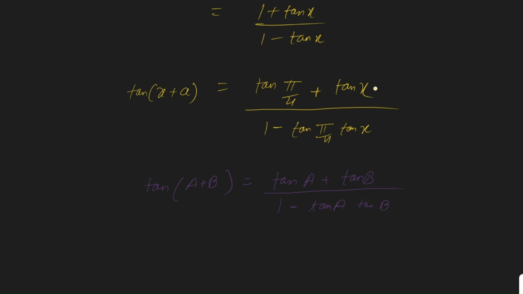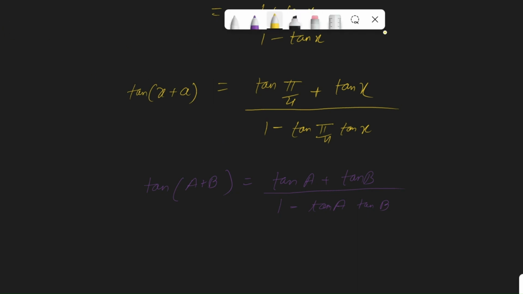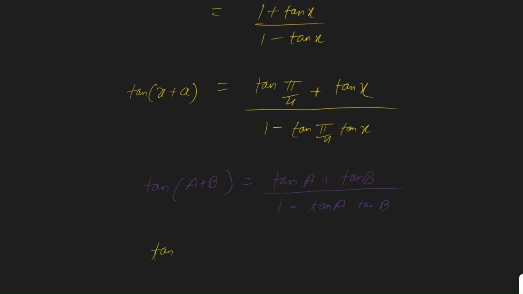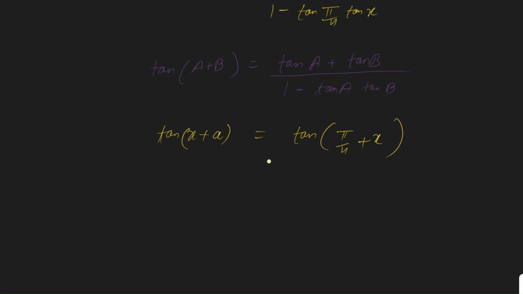We can say this right hand side, using the formula that I've just written, we can say that the right hand side is same as tan pi by 4 plus x, right? So this is the expansion for tan pi by 4 plus x, and if you compare both of these functions, now you will say that x plus A is same as pi by 4 plus x, which tells you that A should be pi by 4.